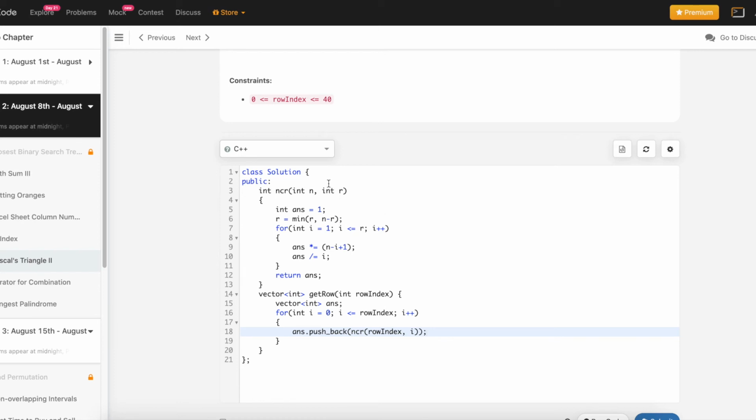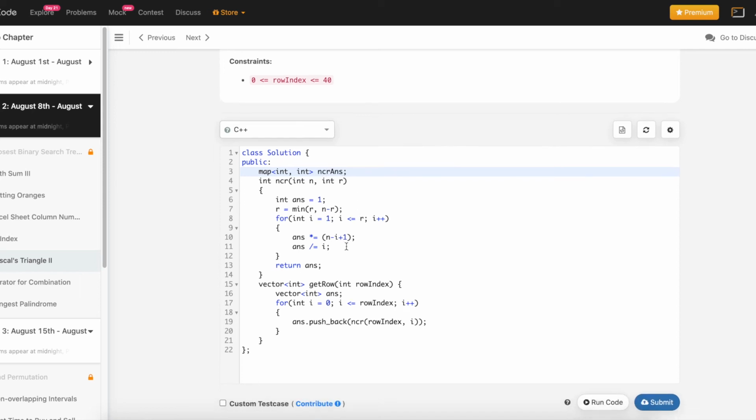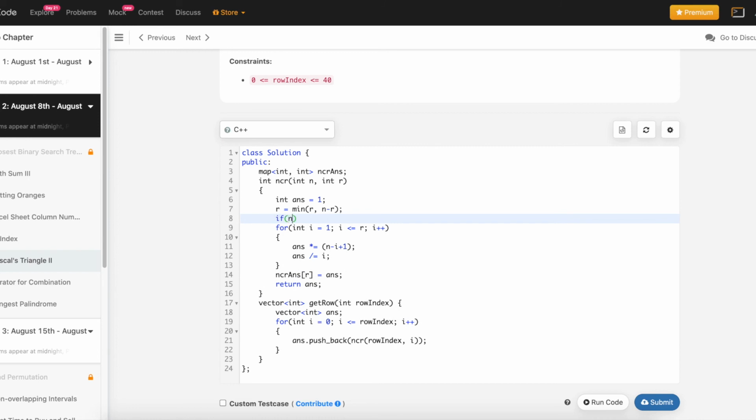We could even optimize this more by having a map, and just store our answers, so we essentially only have to do half of the things.